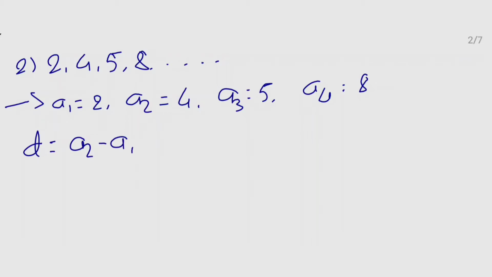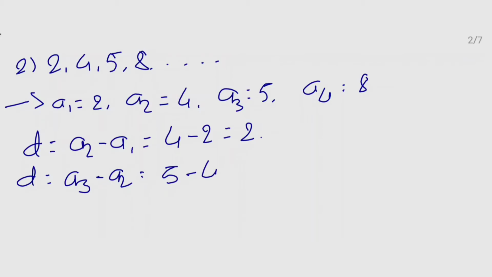A2 minus A1: A2 is 4 minus A1 is 2. So you got here 2. And next A3 minus A2: A3 is 5 minus A2 is 4. So here 1. So next A4 minus A3: A4 is 8 minus A3 is 5. So this is equal to 8 minus 5 is 3.